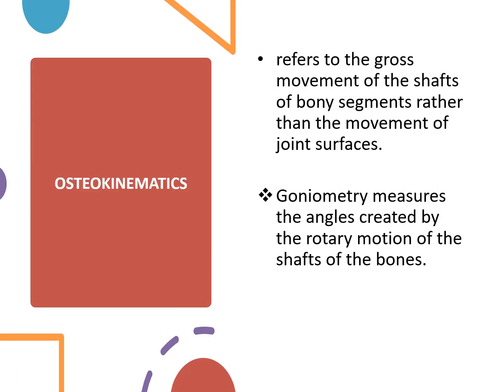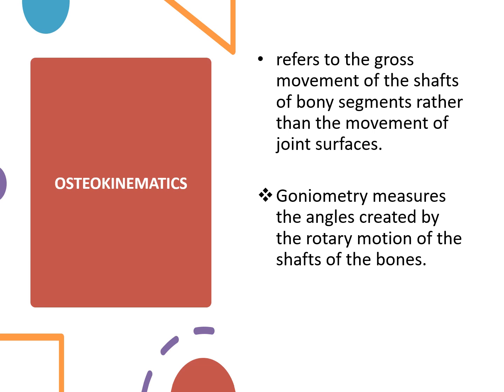So after talking about arthrokinematics, we'll talk about osteokinematics. Osteokinematics are those large, gross movements which you can visualize while you are doing, while your friend is doing, while your patient is doing. Whenever somebody does a movement and you can see it, those movements are known as osteokinematics.